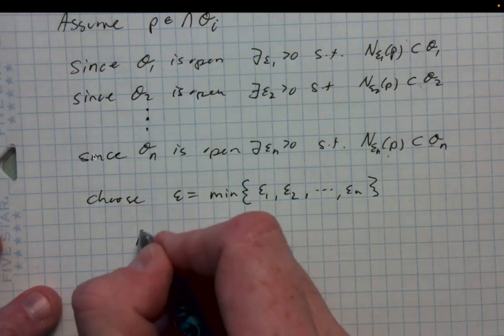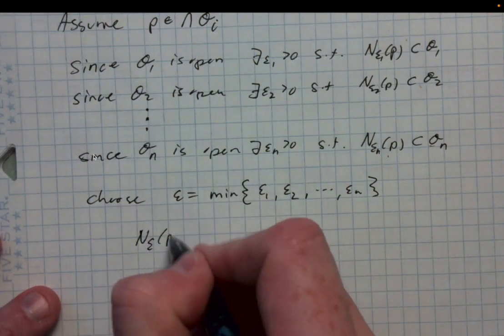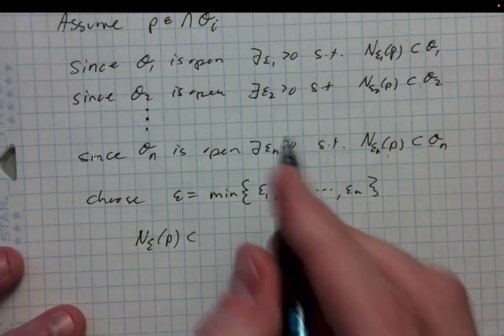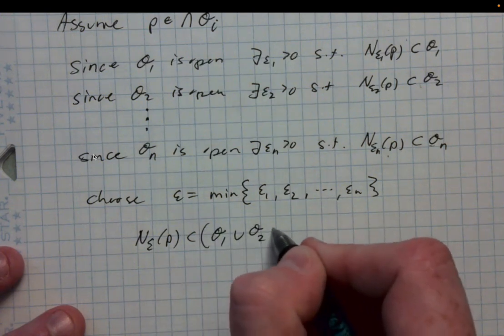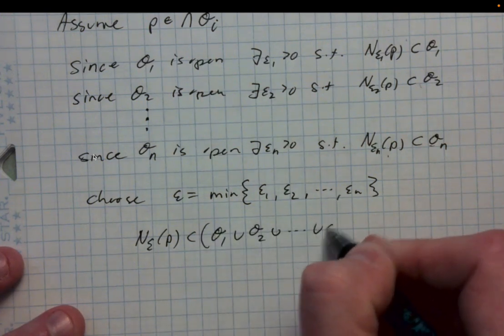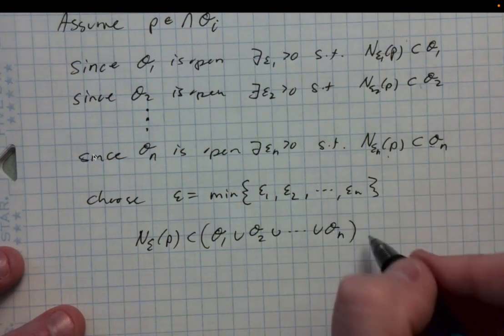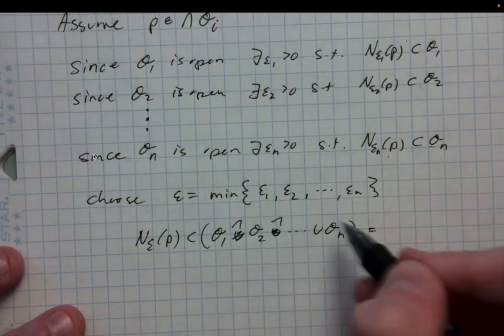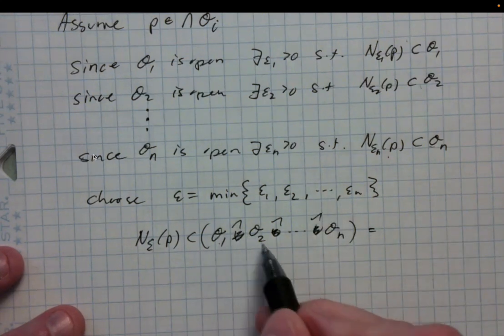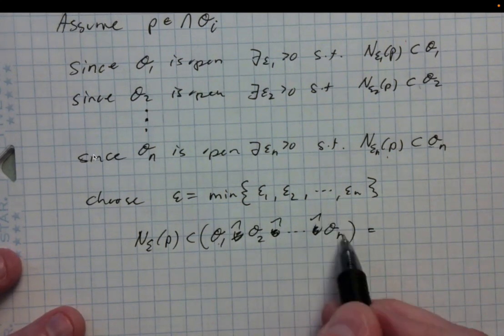And so that would mean that my epsilon neighborhood of P is going to be inside of O1, it's going to also be inside of O2, it's going to also be inside of O_n. Oh, sorry, these should be the other direction, sorry about that. It's going to be inside of O1 and O2 and dot, dot, dot, and O_n, right?